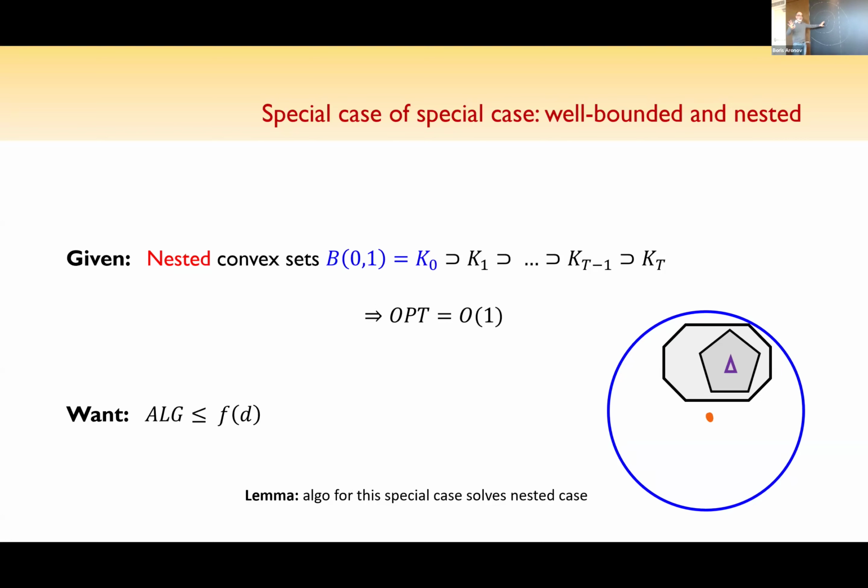Suppose I told you that the optimal solution value is between R and 2R. So I'm going to run this algorithm on the 2R ball. How much will I pay? I'll pay 2R times whatever this function f of d is. So everything scales.